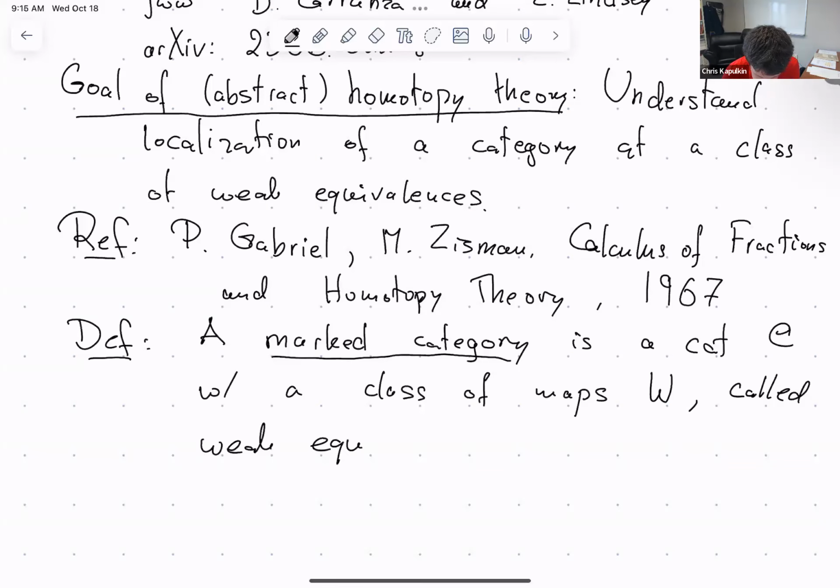Okay, so that's a thing. And as I said, this is something that we encounter all the time in homotopy theory. So topological spaces with weak homotopy equivalences, spectra, we have stable equivalences, you name it.